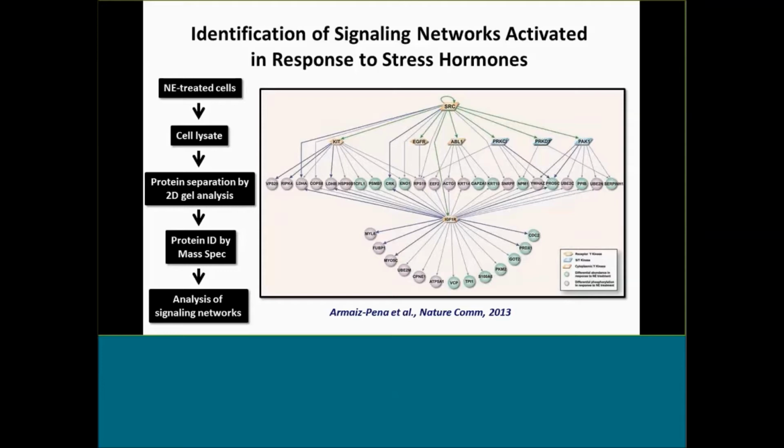That always generates quite a bit of data, and we picked out a lot of spots where either the protein levels changed or the phosphoprotein levels changed, and then created a network from this kind of unbiased analysis. SARC ended up being a dominant node that we pursued in this particular paper and showed how stress hormones can activate SARC in a very unique pathway, and I'll be happy to discuss that more in detail a bit later.